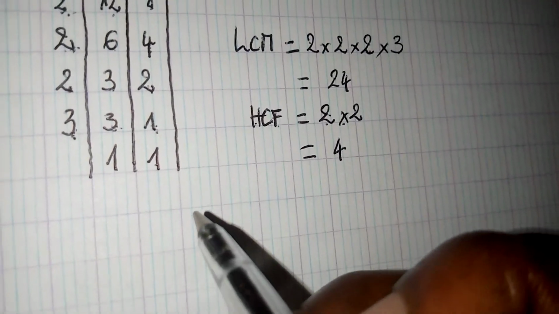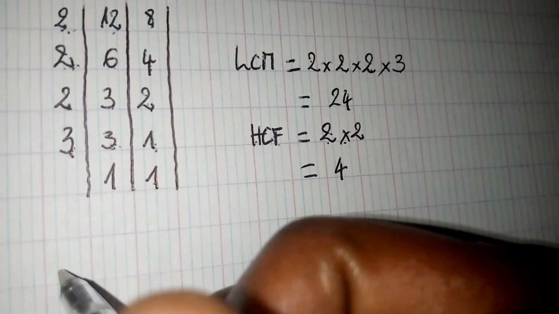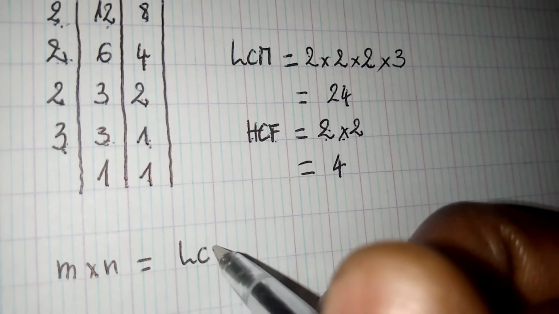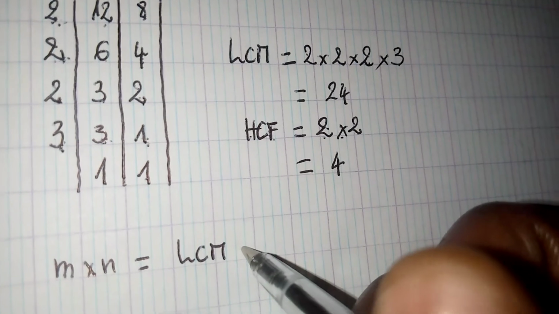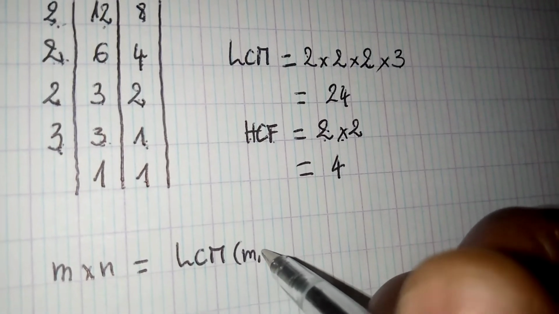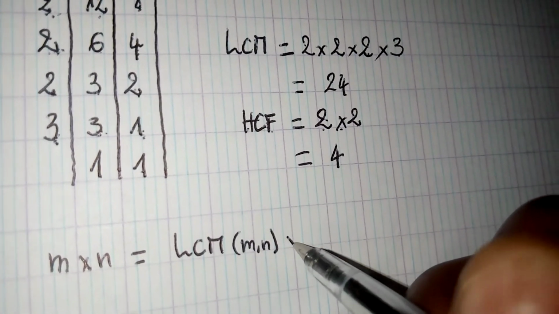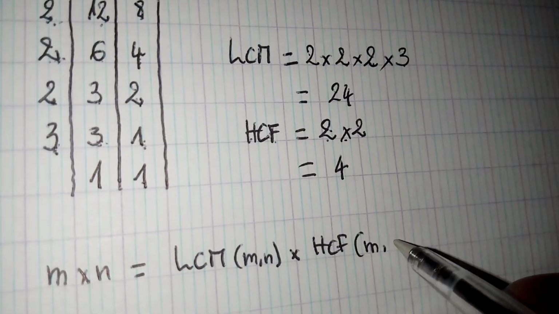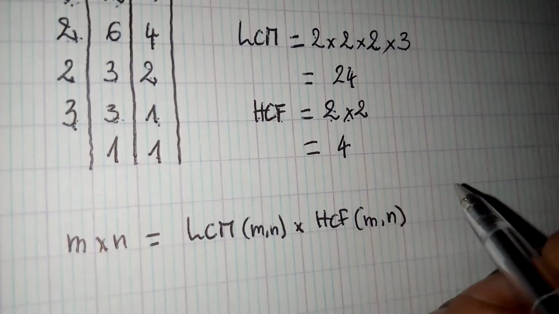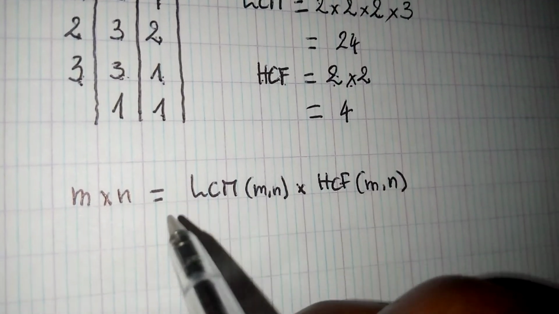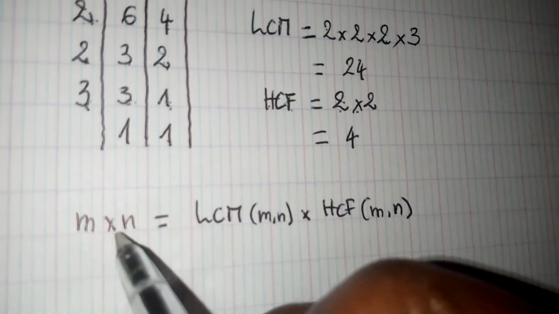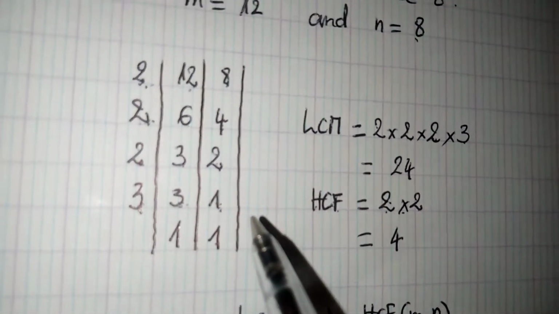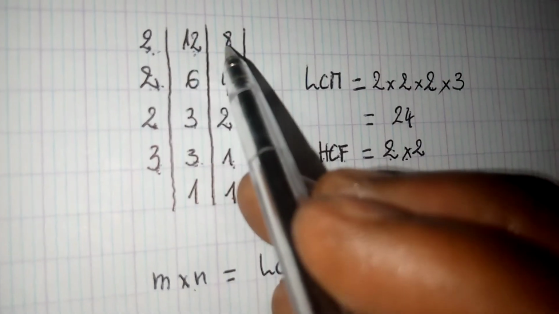Now our task was to show that M times N equals the LCM of M and N times the HCF of M and N. So M times N will be equal to the given numbers 12 and 8.